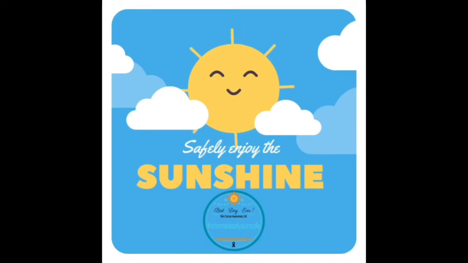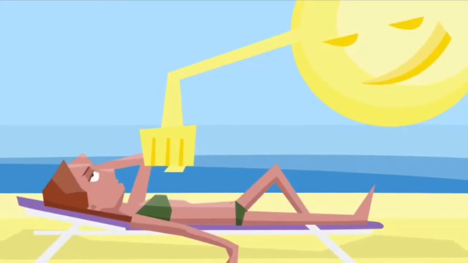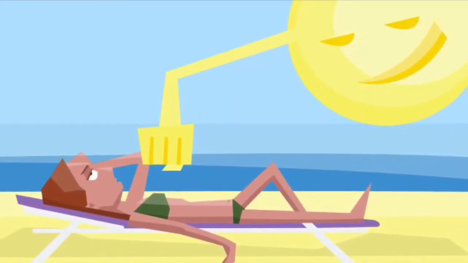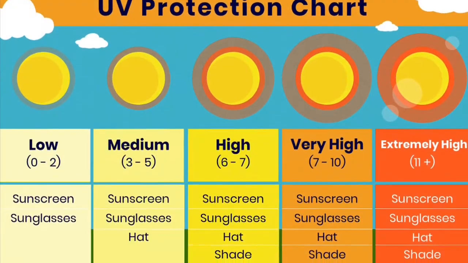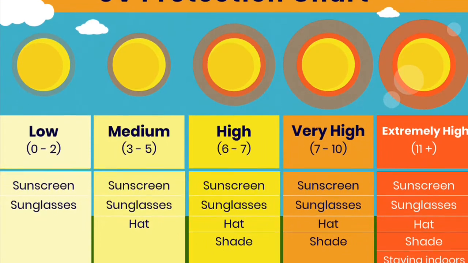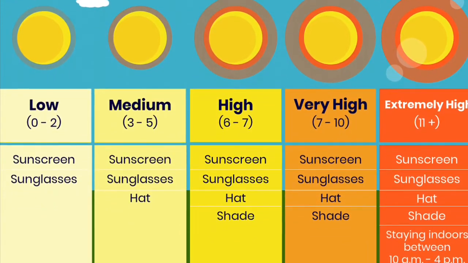It tells you how strong the sun's UV rays will be. The higher the UV index, the greater the strength of the sun's rays, and the faster you will burn. The index predicts the risk of UV overexposure on a scale of 0, which is minimal risk, to 11 or higher, which is very high risk.